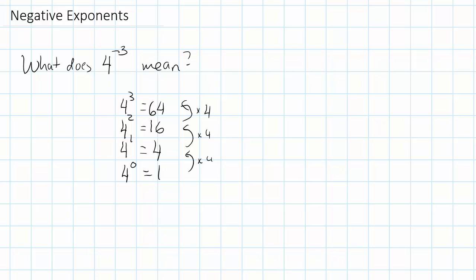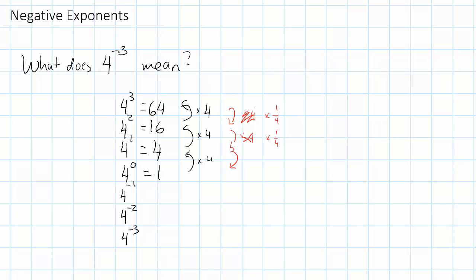But now we'd like to go the other way, into the negative powers. Well, if going upward multiplies by 4, going downward, we must divide by 4. Or to put it another way, let's think of this as multiplying by 1/4. Dividing by 4 is the same as multiplying by 1/4.